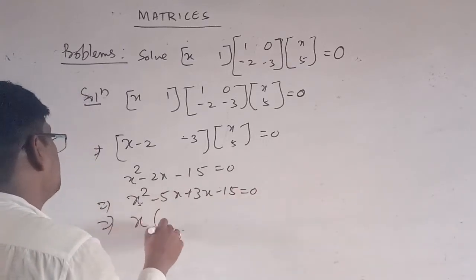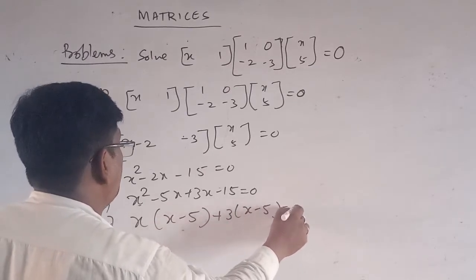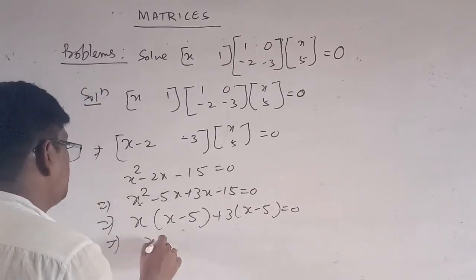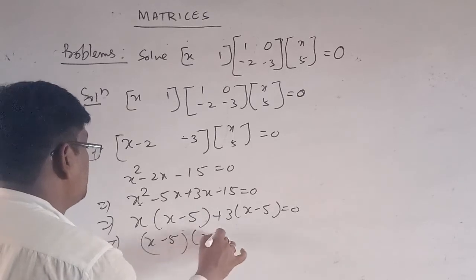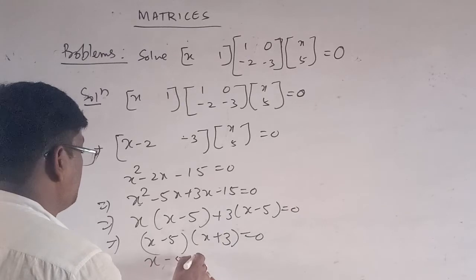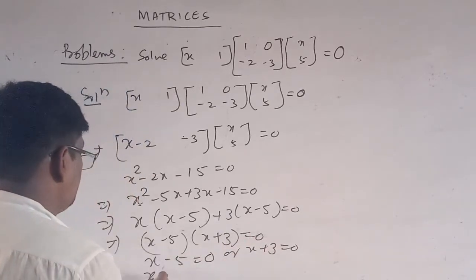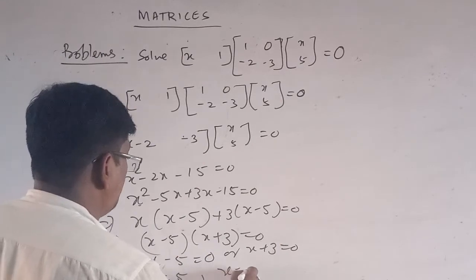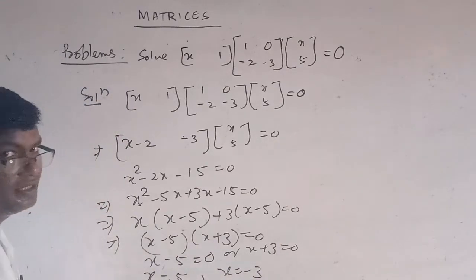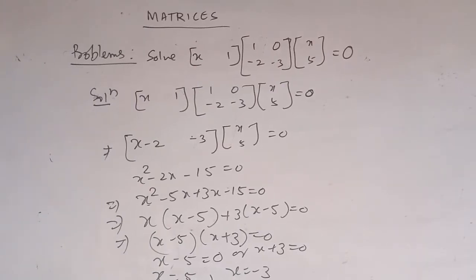So take x common, x minus 5, 3 common, x minus 5 is equal to 0. So x minus 5 into x plus 3 is equal to 0. So x minus 5 equal to 0 or x plus 3 is equal to 0. So x is equal to 5, x is equal to minus 3. This is the answer.